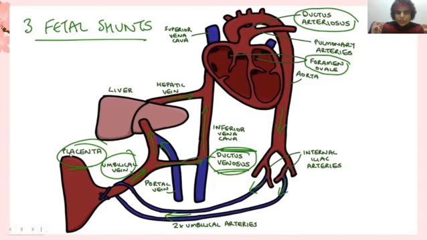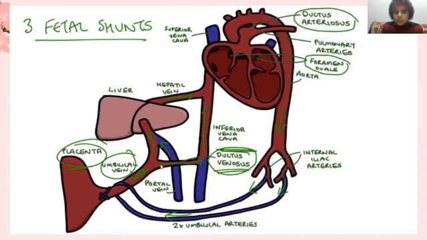As you know, the placenta provides all the nutrient and oxygenated blood to the fetal circulatory system. So from the placenta, oxygenated blood is passed through the umbilical vein, which gets divided into 2 branches.